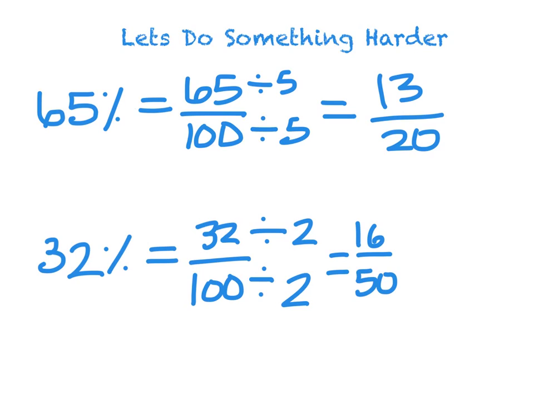This can be simplified even more. Let's simplify by dividing by 2 again. Here we get 8 over 25. So 32% equals 8 over 25.